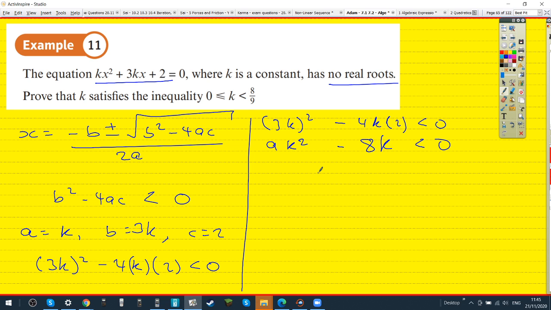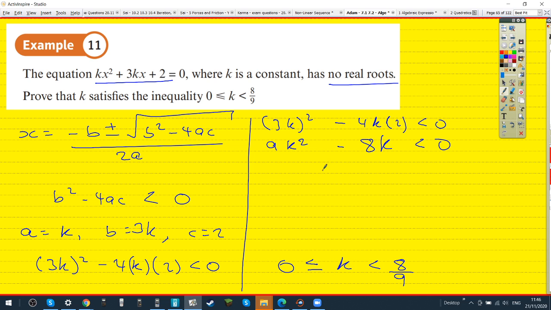I got 0 is less than x, x is less than 8 over 9. And so that's what we're trying to prove, basically. It's in between 0 and 8 over 9. But let me think here.